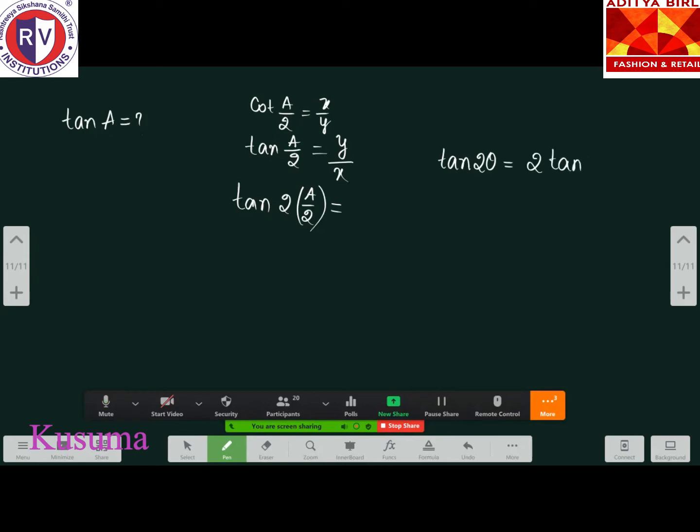It will be 2 tan theta divided by 1 minus tan square theta.